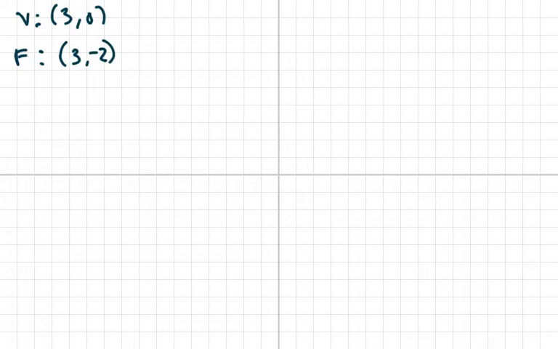And the last one, the vertex is at 3, 0, and the focus is at 3, negative 2. Both lie on the vertical line. Let's graph this, 3, 0, and then 3, negative 2.